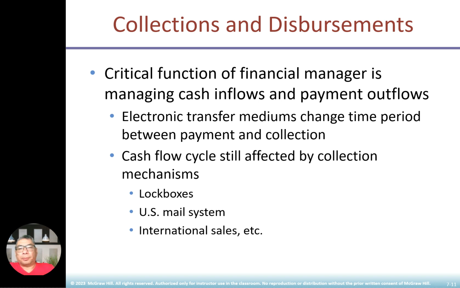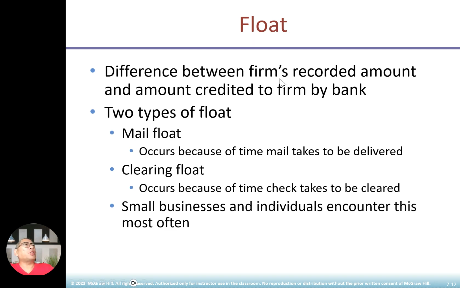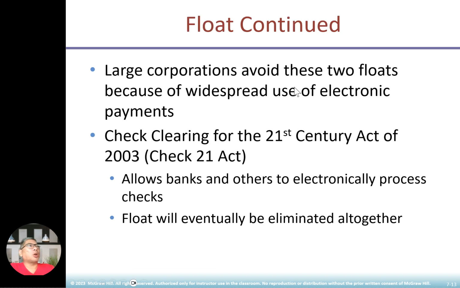Okay, that is the one that is promoting the non-dollarization of cash flow. Float is the difference between the firm's recorded amount and the amount credited to the firm's bank. There are two types of float: mail float, which occurs when mail takes time to be delivered, and clearing float, which occurs when a check takes time to be cleared. Small businesses and individuals encounter this most often, and large corporations avoid these because of widespread use of electronics.